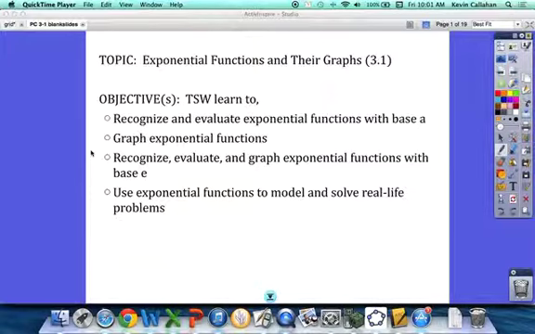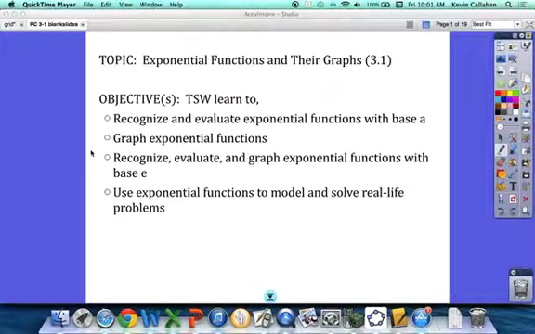Some of these things I know you've had in other classes, like half-lives. You do that in chemistry. You might have done population growth in a biology class that used exponential functions, at least in some part of it. So these are very practical things, and there will be some element of word problems when we go over it.